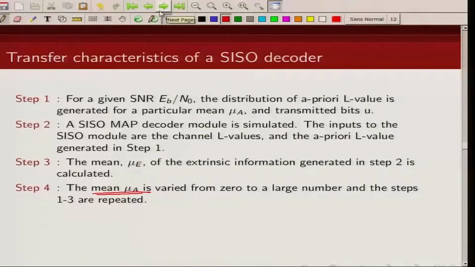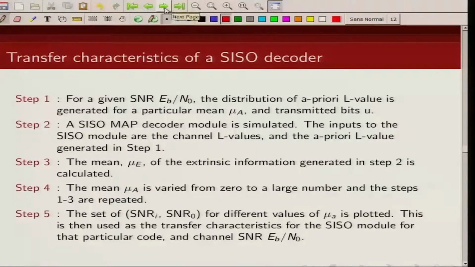So, we repeat this by varying our a priori information mean, and finally, we plot this input output relation for a particular channel SNR.